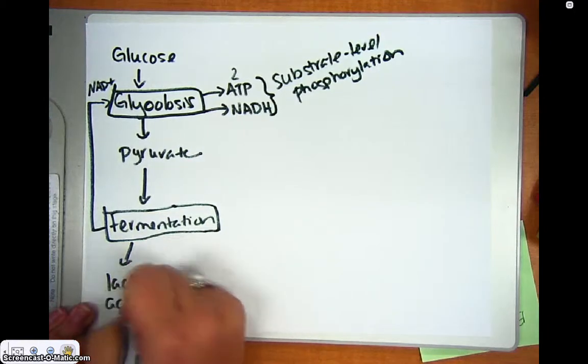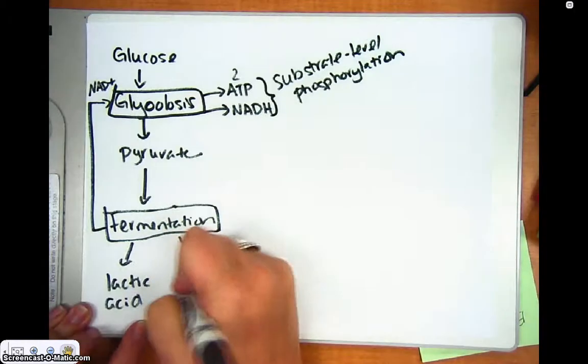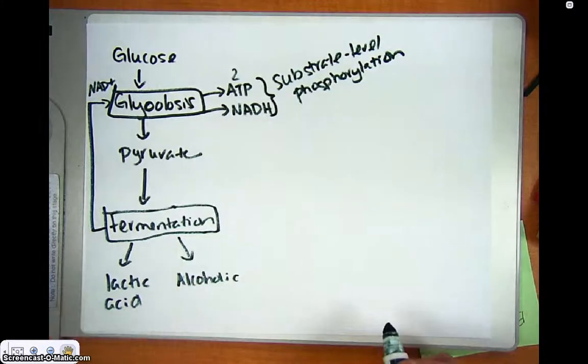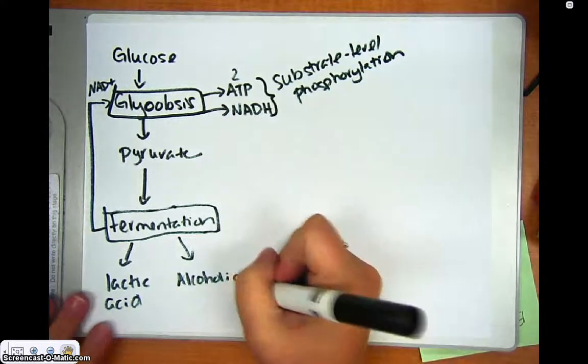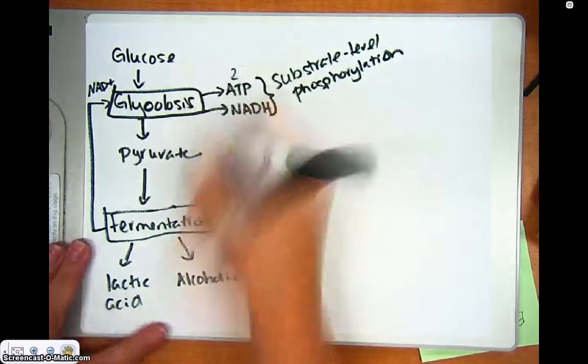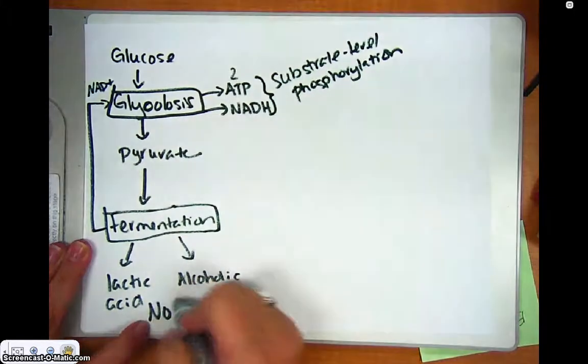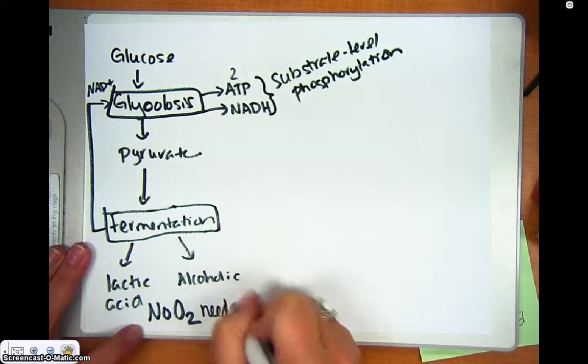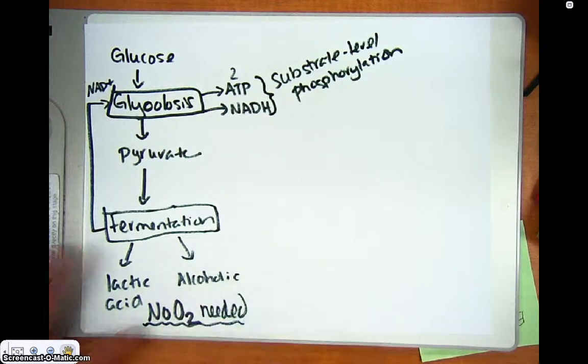So we have acidic or alcoholic fermentation, and these are byproducts that we use like for making beer or something like that. And remember that this entire process requires no oxygen. So no oxygen is needed for this process.